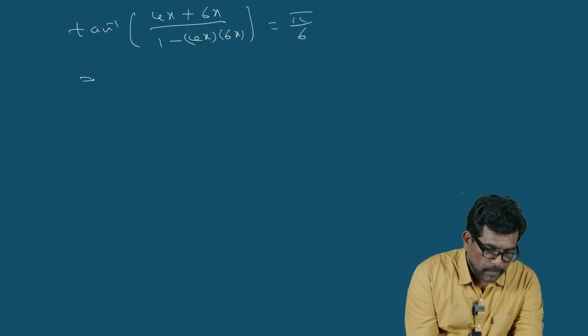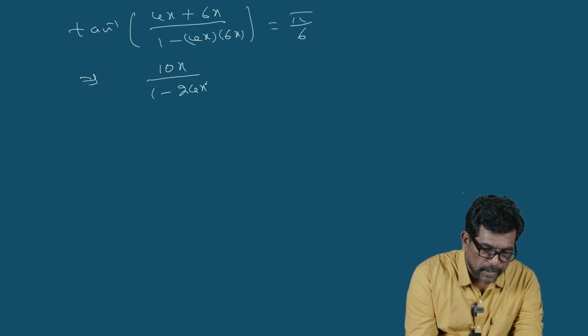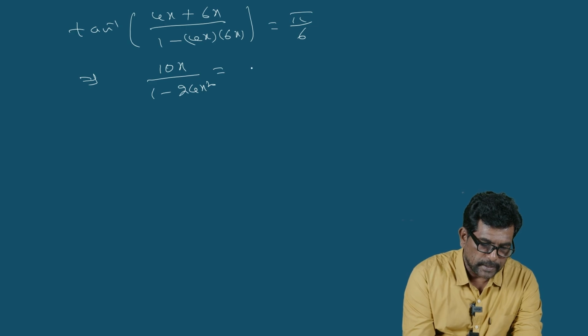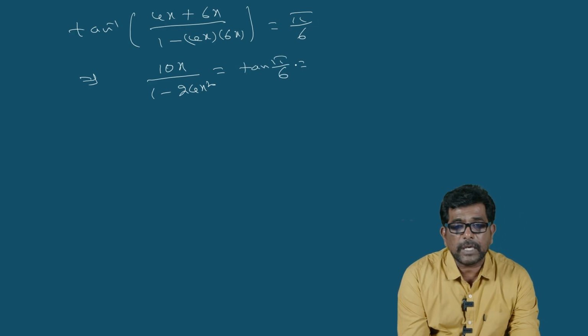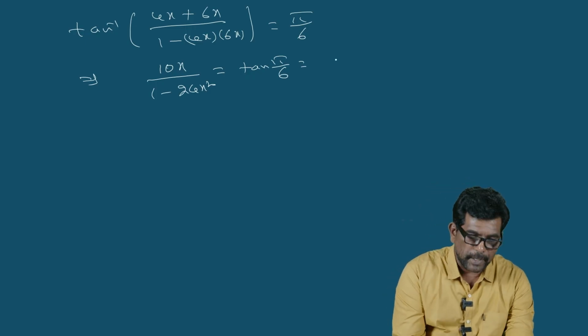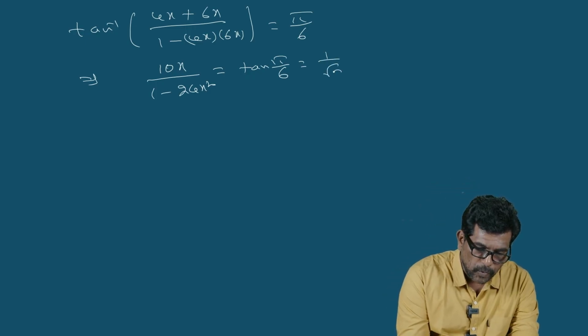Now this gives 4x plus 6x is 10x upon (1 - 24x^2) is equal to tan of pi by 6. You know the tan pi by 6 value. The tan pi by 6 is 1 by root 3.